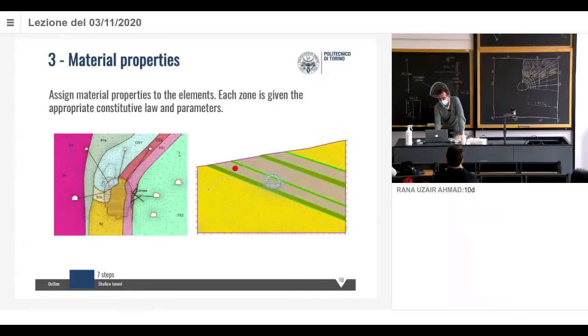The mesh is also following this kind of geometry, and in that case we put nodes along those green lines that separate the different units. Then you assign different properties, the yellow and the green will have different constitutive laws, different properties, and that's it. So any query up to here?